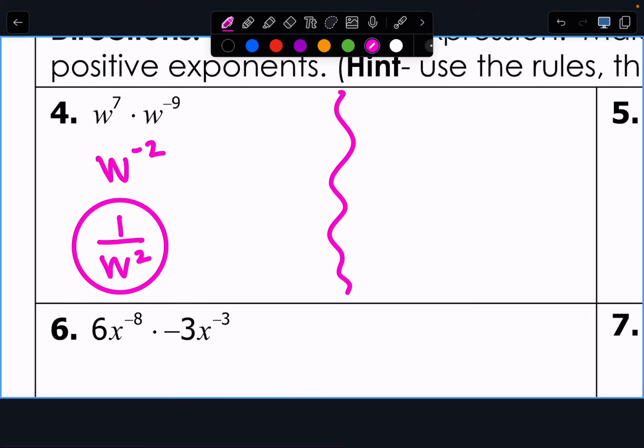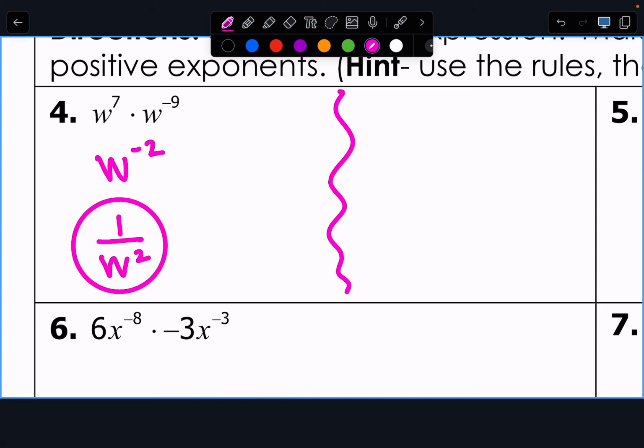Okay, some of you saw this problem like this. Oh, this is w to the 7th over w to the 9th. I have no problem with that. Well, now what happens? We subtract our exponents. What's 7 minus 9? So we have w to the negative 2, which means 1 over w squared.